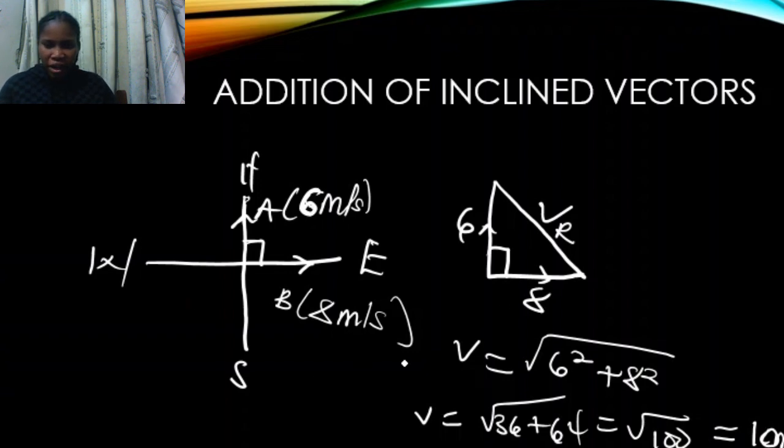So for a vector quantity like this, two vectors that are inclined at an angle of 90 degrees, we are going to use Pythagoras theorem to get the resultant vector when adding these two vectors.